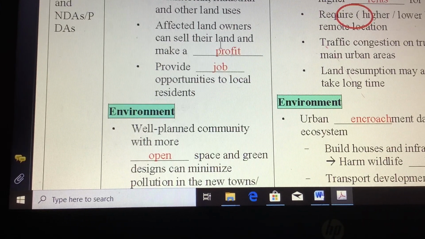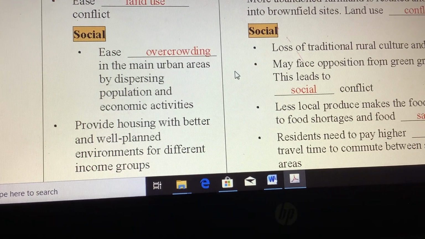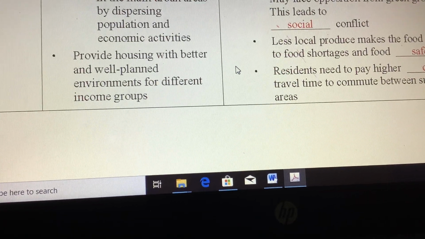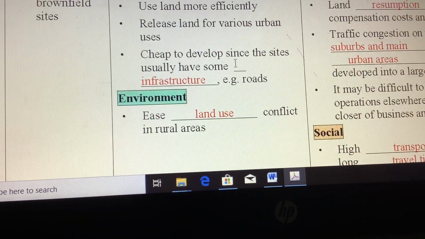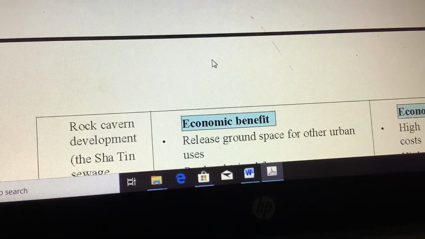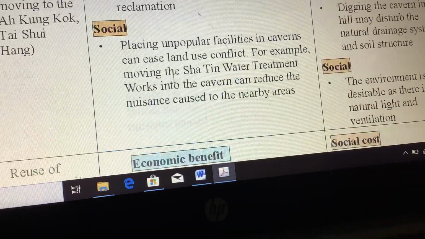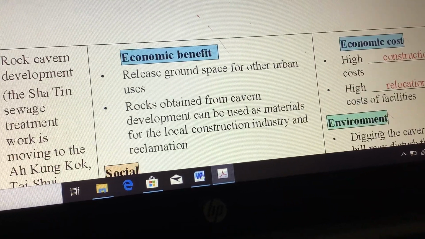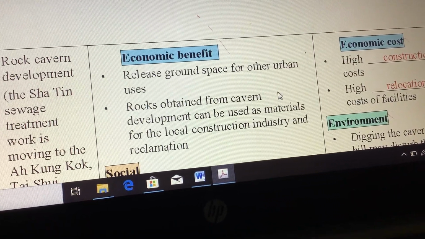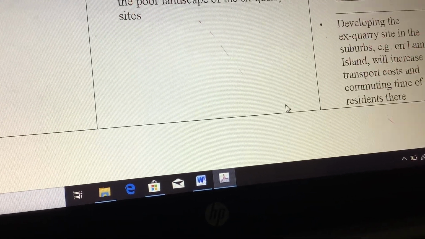You can see this one is quite comprehensive, giving you different kinds of pros and cons. This is especially important for the essay, so I'm not going to go through them one by one with you. You better have a look, at least have a look. But if you really aim at the city essay, you better memorize these pros and cons of these kinds of land obtaining options in Hong Kong.